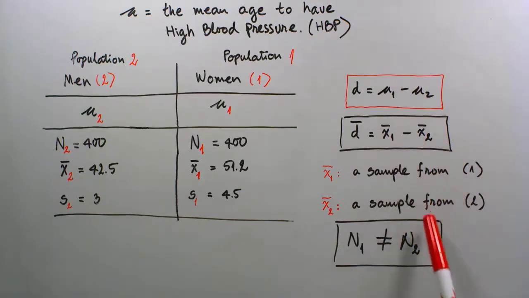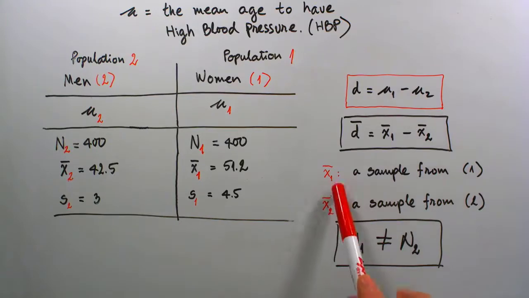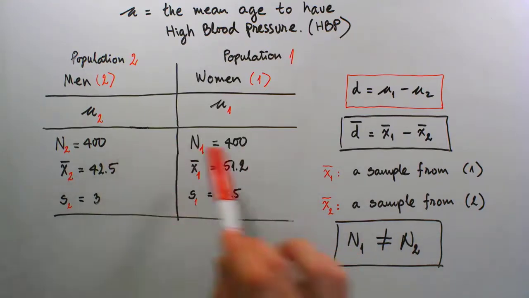This is the meaning of the two values x bar 1 and x bar 2. And since we're working with unmatched and independent samples, n1 and n2 do not have to be equal, even though in our case they happen to be equal.